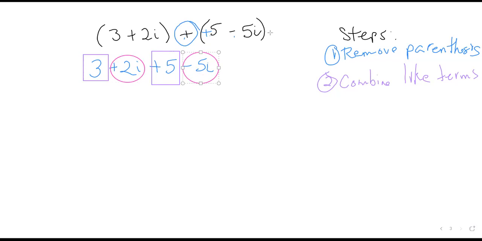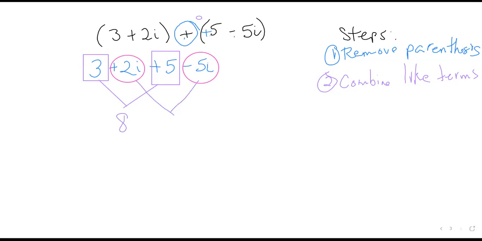I'm going to stick to doing the easier ones first, which is the 3 and the 5. So 3 plus 5 is 8. Now I need to do my second ones, which are 2 minus 5.